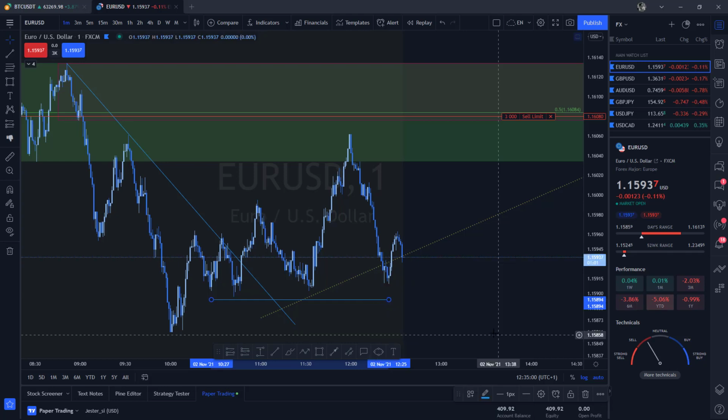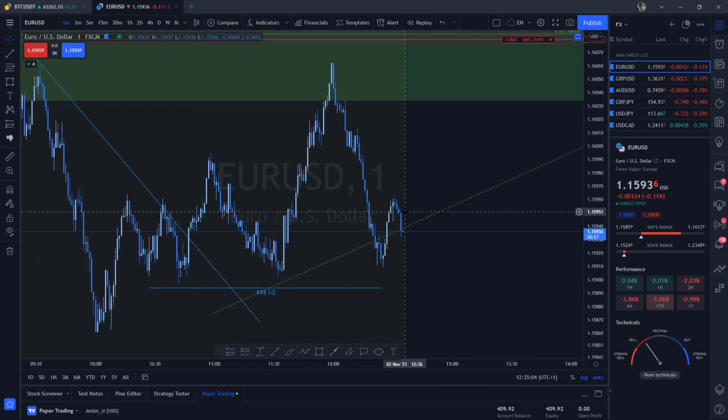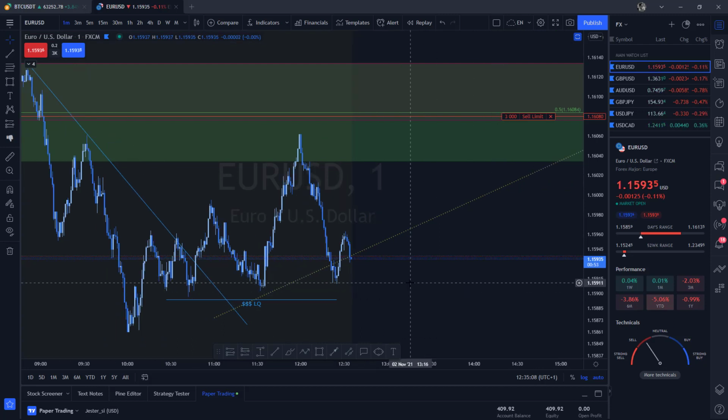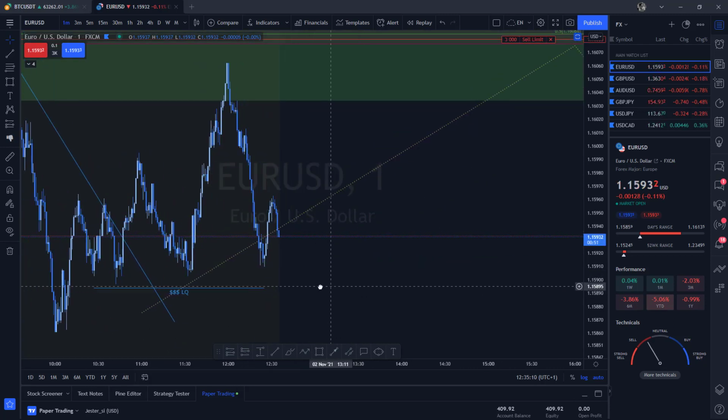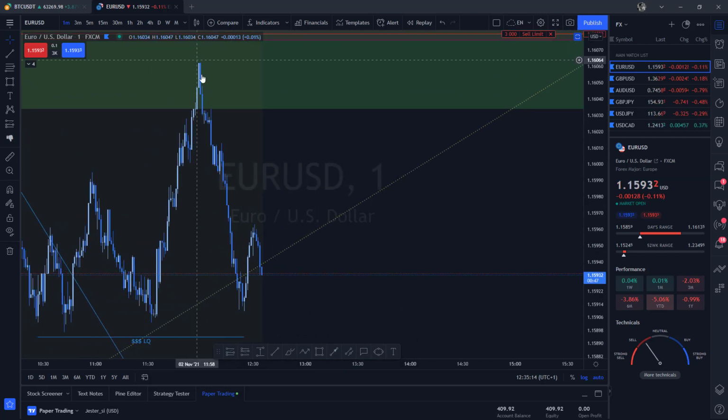Liquidity down. Okay. Now, the fixed range volume profile could be used also like this, on this swing down.